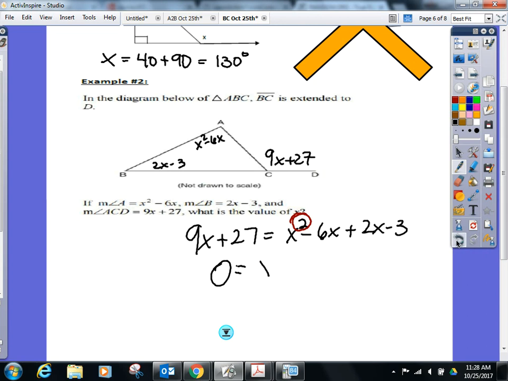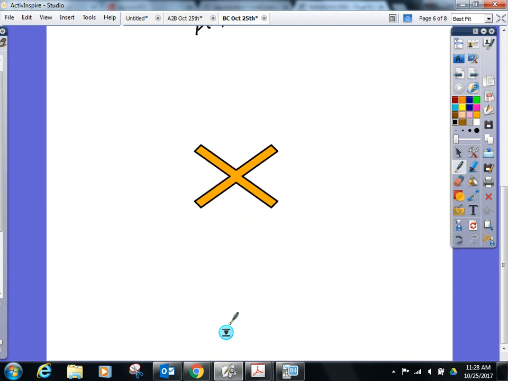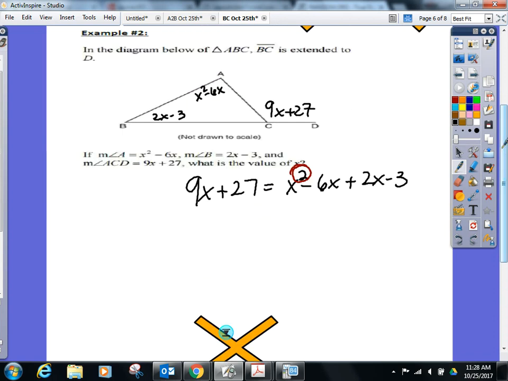Actually, you know what? We should probably clean up that right side first, huh? So let's do that. Clean up the right side for me. What do I have? X squared minus 4x. Okay, so I clean that up before I move anything over. How do I move the 9x over? Subtract it. How do I move the 27 over?